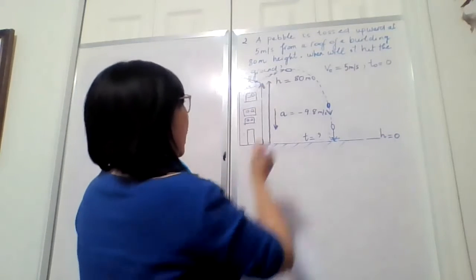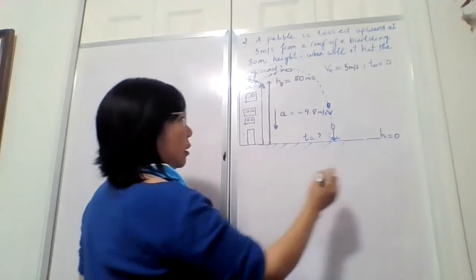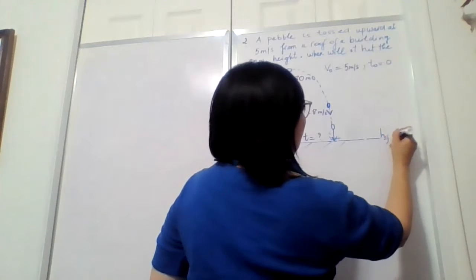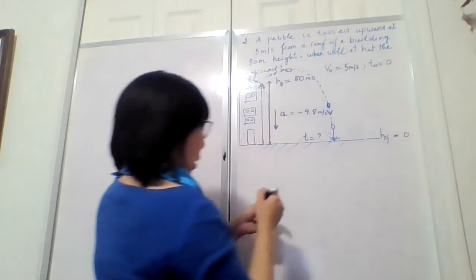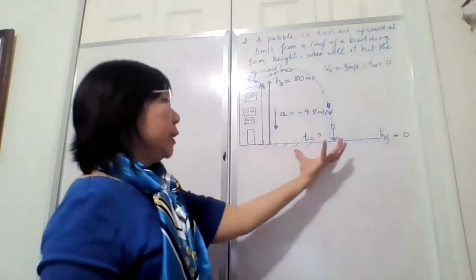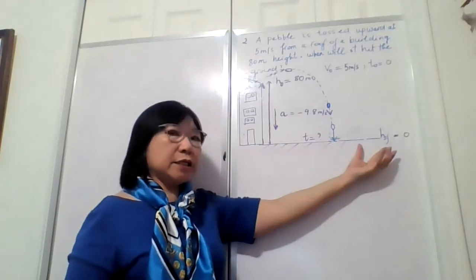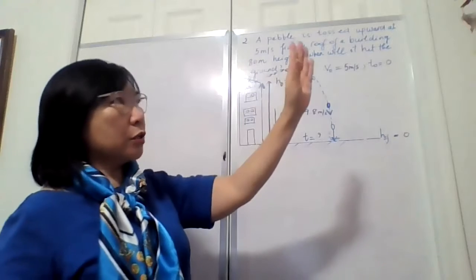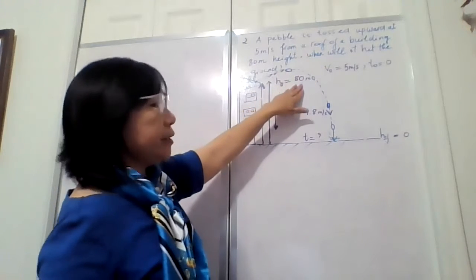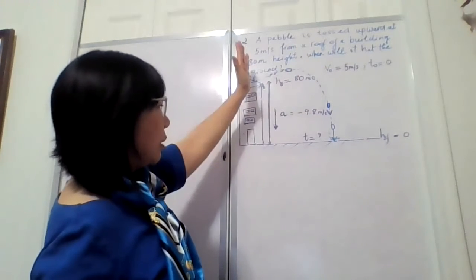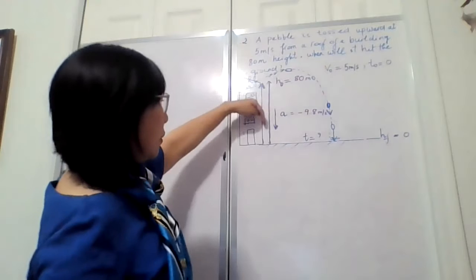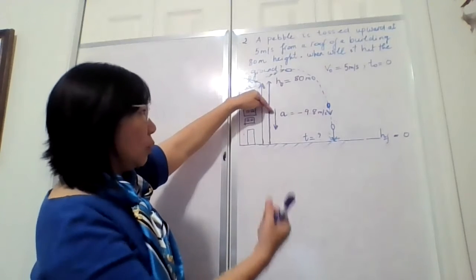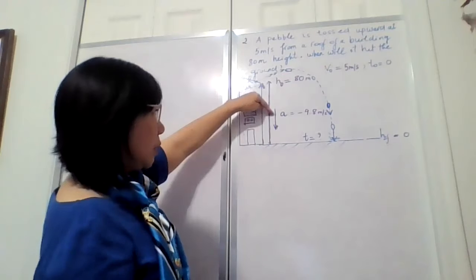So this is like H0, right? And down here, let's say this is H final. When the pebble goes down to the ground, its height is 0. But at the beginning, when it was tossed, it had a height of 80 meters in the upward direction. Gravity is the force of the earth pulling any object on the surface of the earth.